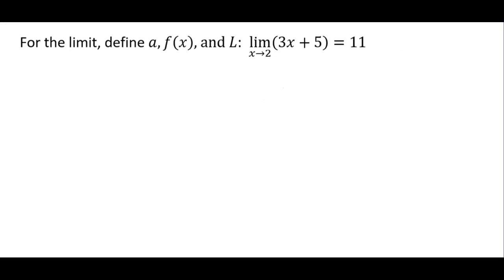And then we have an example. They give us an equation, right? They say the limit as x approaches 2 of 3x plus 5 equals 11. And all they want us to do is to identify things. So what is a in this case?